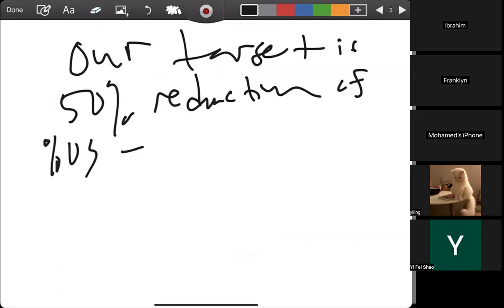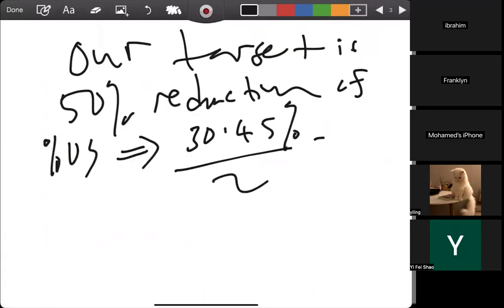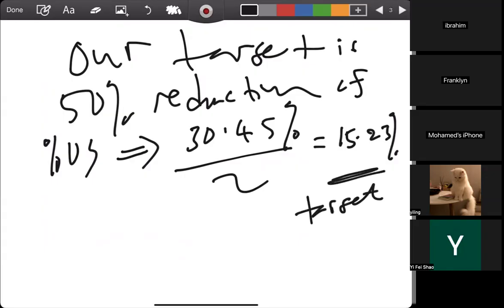Therefore, 30.45% divided by 2. Izzah, how much? 15.23%. So this is our new target.